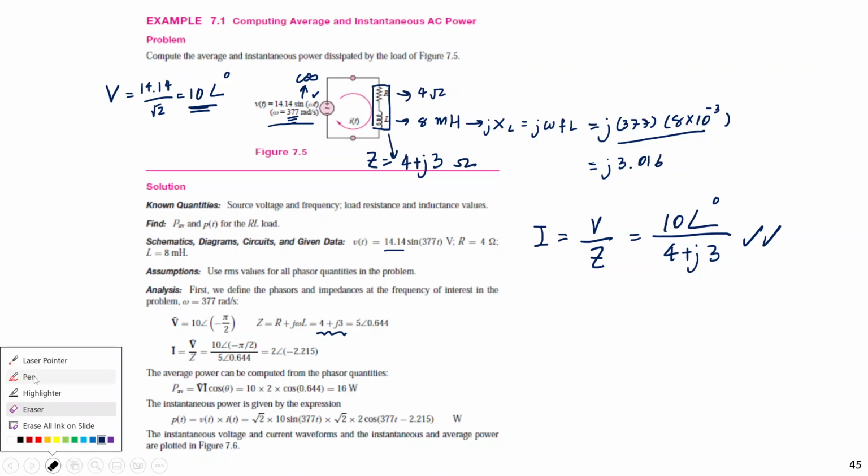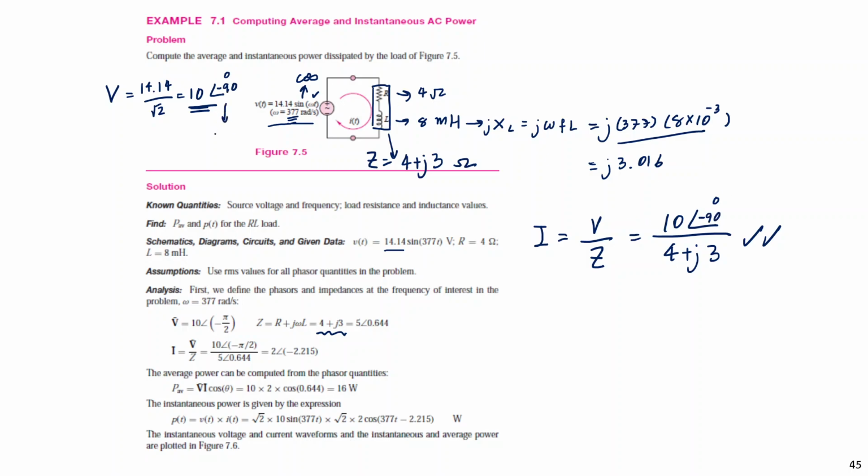Sorry, the voltage is minus 90 degree, or minus pi by 2 here. This is the voltage, and this is the impedance. We can calculate the current. So I think you can solve this. And it becomes 2 with the angle of minus 2.215.